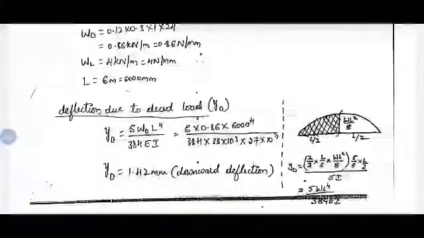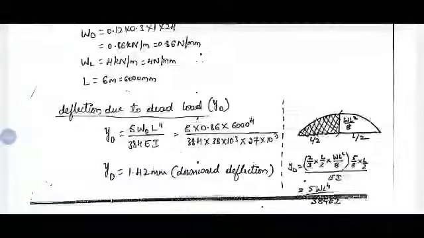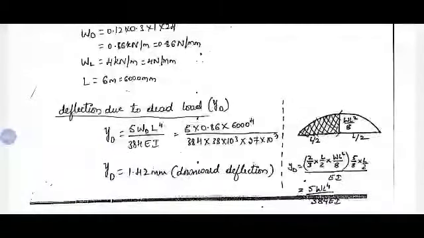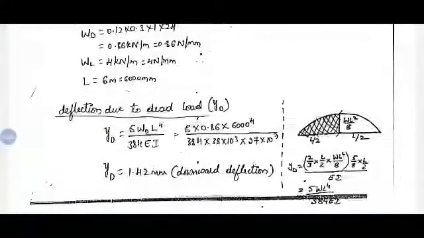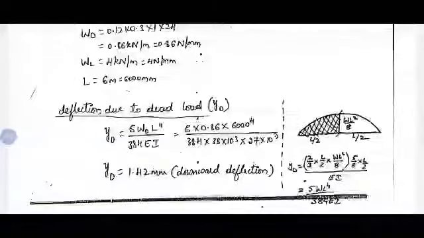Here you need to remember this formula, 5 WL power 4 by 384 EI, or how to derive that formula. I have given both. How the formula is arrived at is given at the side. Half of the span we are going to consider, the half span of the bending moment diagram, and the moment of area of the bending moment diagram over the L by 2 span with respect to support.